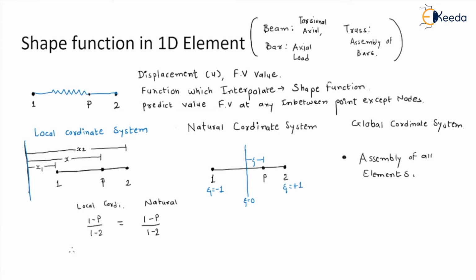So now we can see if we put the value like this, it will be (x minus x1) upon (x2 minus x1) equal to (1 plus psi) by 2.